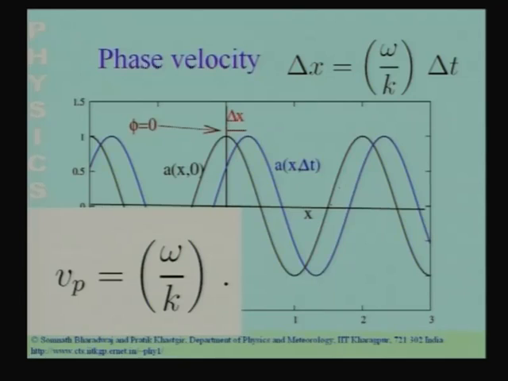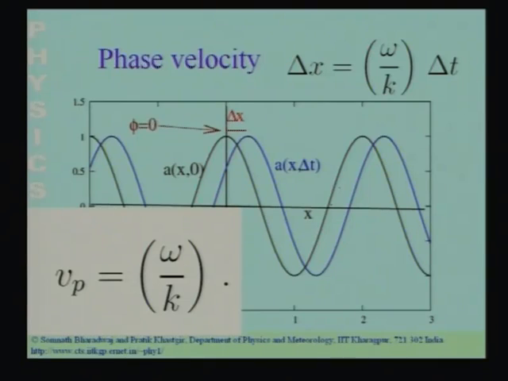So, the point where the phase is 0 moves forward at a speed which is called the phase velocity, and it is not only the point where the phase is equal to 0, any fixed value of the phase moves forward at the speed omega by k. So, that is quite obvious, right.